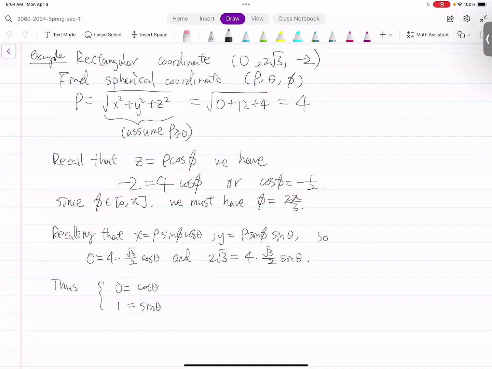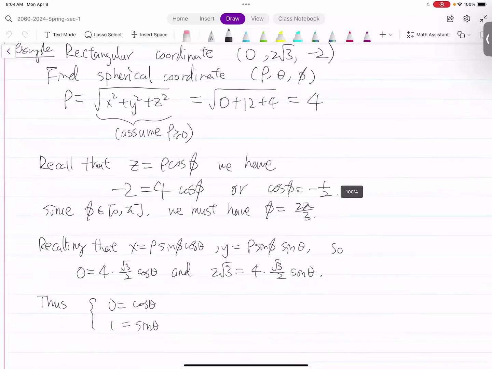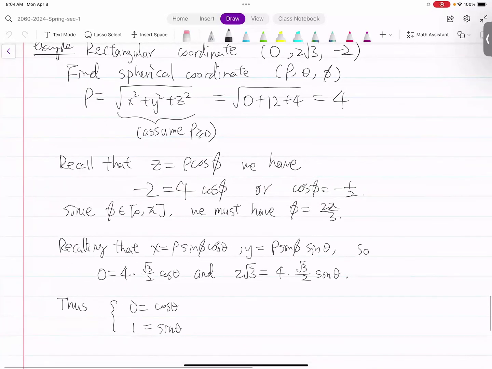Okay. So rho is the distance, that's actually not so difficult. Phi relates to the z coordinate. So basically, what's nice about the angle phi here is that this is the rotation angle from the positive z-axis to the direction OP that you have. Okay, so essentially, this phi is the angle between two vectors. Okay, so you rotate from one to another.